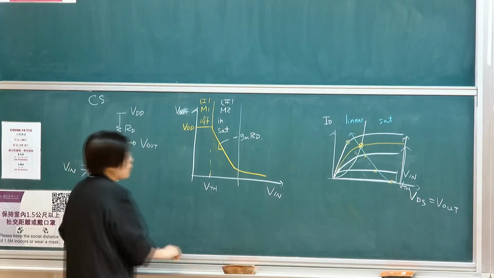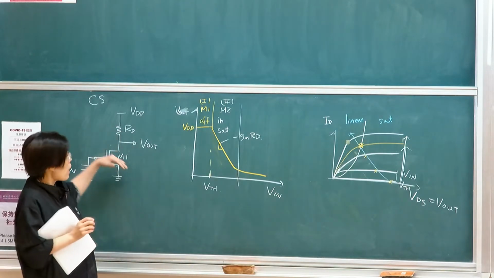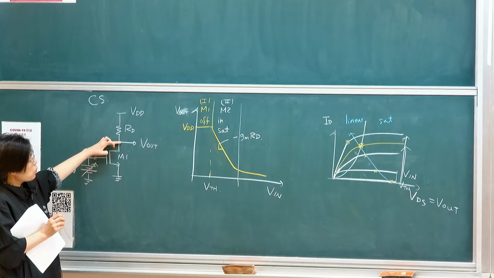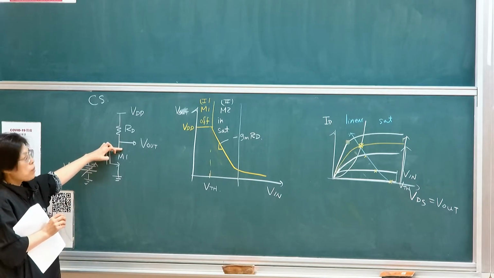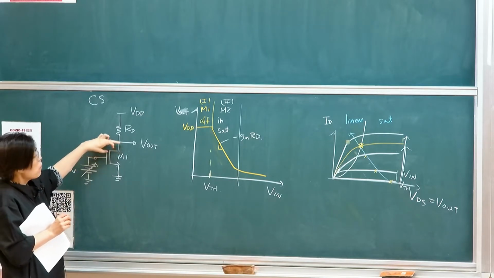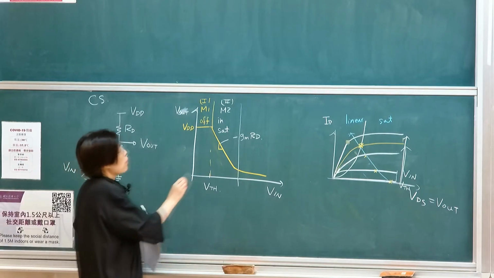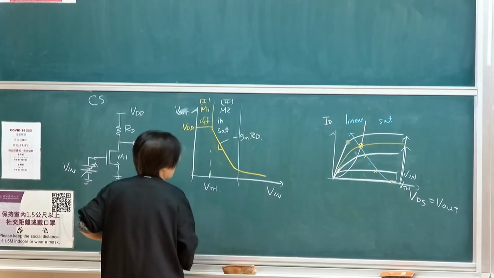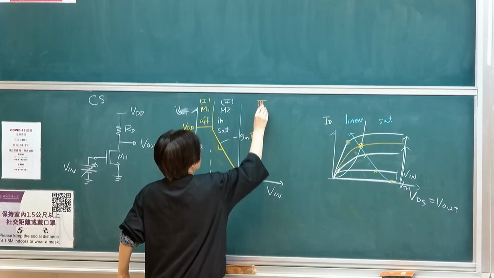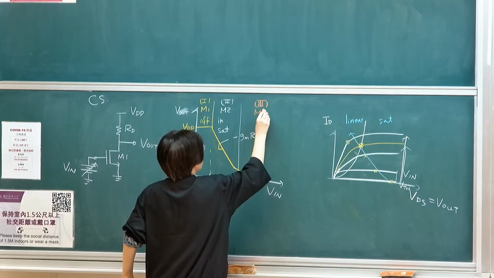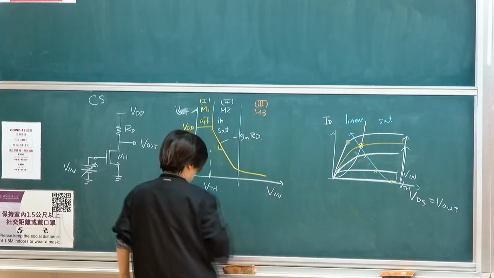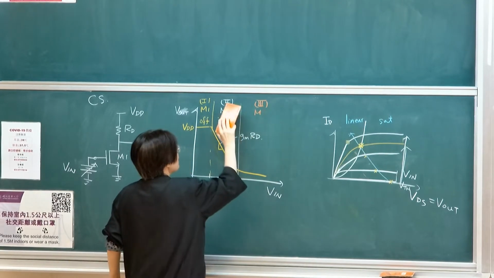Lastly, if I continue to raise my input, this voltage would then drop down below, and this would then become saturation. So lastly, I will enter M3, sorry, there's only one.